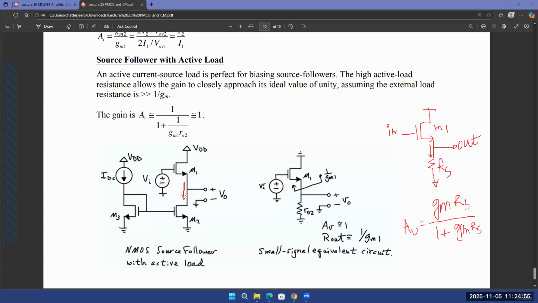What is the resistance that you'll see looking down at the source terminal of M1? You'll see the drain terminal of M2, and M2 is not diode connected. M3 is diode connected, so looking into the drain of M3, you'll see 1 upon gm3. But looking into the drain of M2, you'll see ro2.